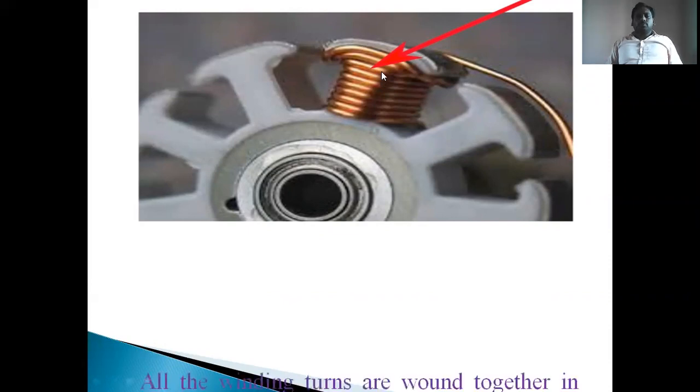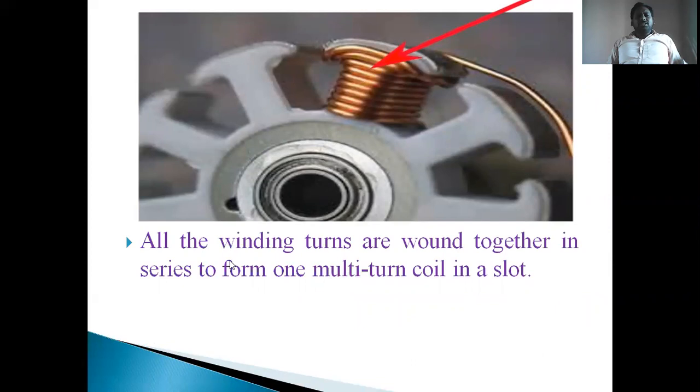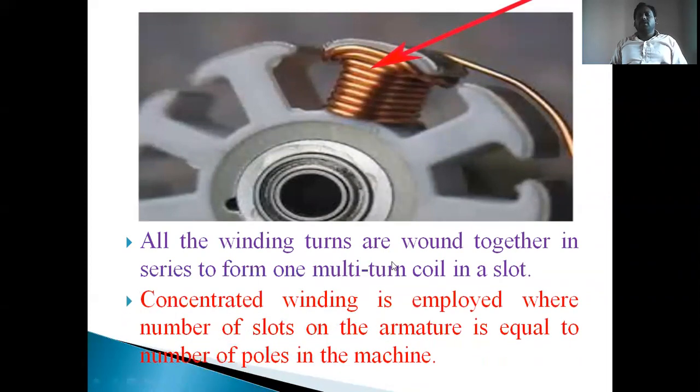In this winding, all turns are wound together in series to form a multi-turn coil in a slot. This concentrated winding is employed when the number of slots on the armature is equal to the number of poles of the machine. Only then can we provide concentrated winding.